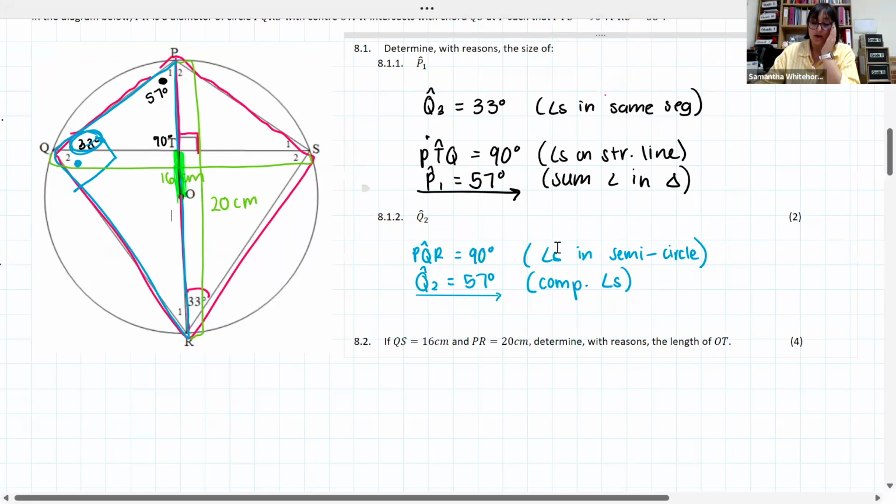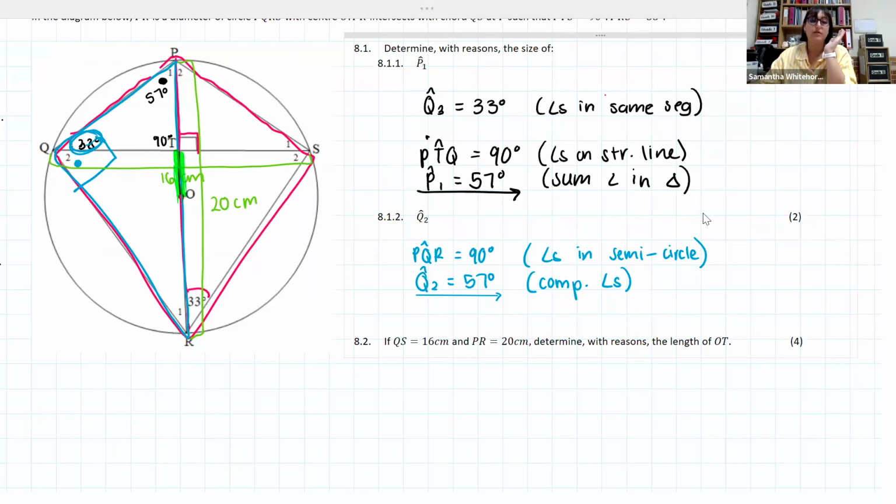Now again, look at what you have. OT is a random little line segment on one of the radii or on the diameter. What on earth must I do with that? Whenever you're talking about lengths, my advice is to look out for things like right angle triangles, particularly with circle geometry, particularly also when you have a line from your center at a right angle to a chord, which is what we have here.